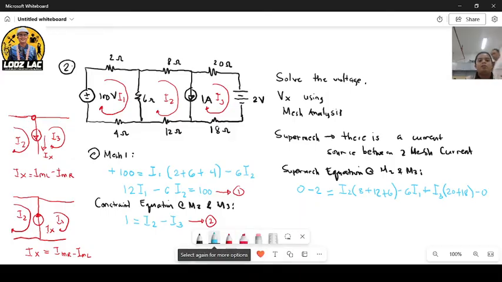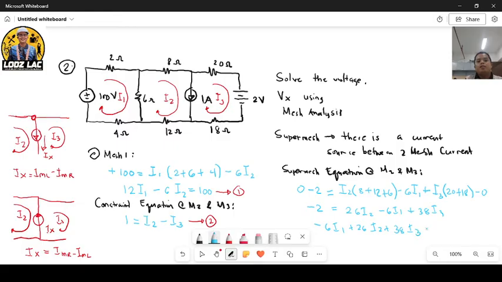So, negative 2 equals 26 I sub 2 minus 6I1 plus 38 I sub 3. You just do it algebraically. So, negative 6I1 plus 26I2 plus 38 I sub 3 is equal to negative 2.